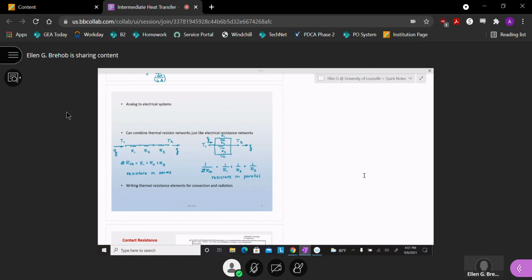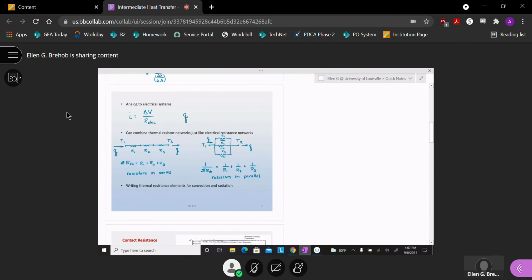We introduced this idea that there's an analog to electrical systems: what flows is current, driven by a change in voltage over an electrical resistance.